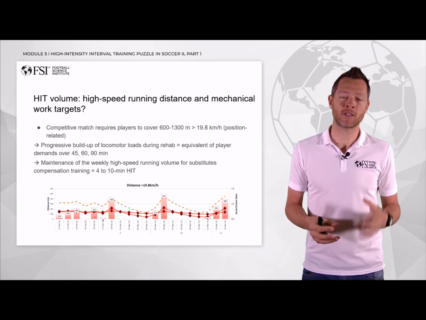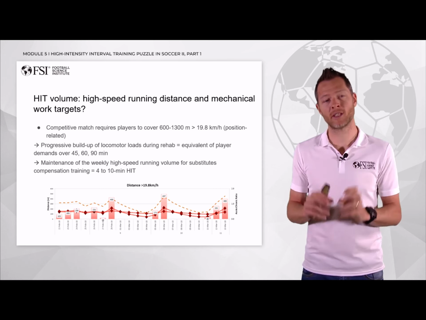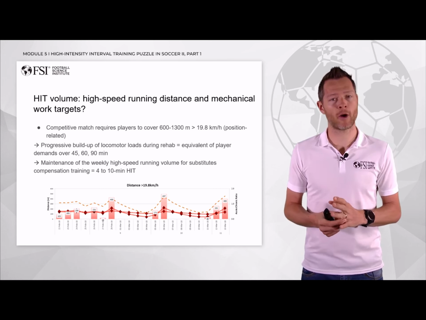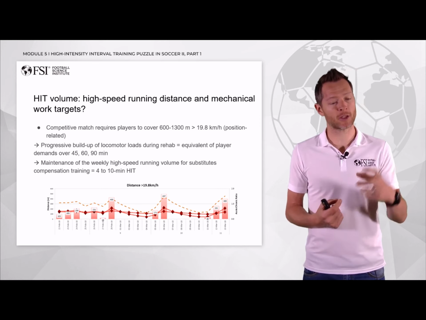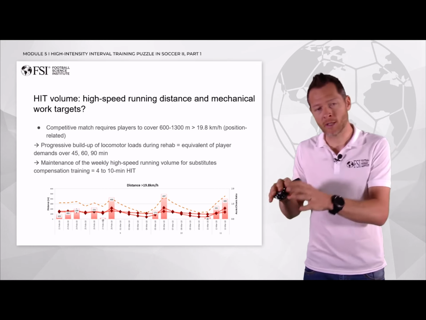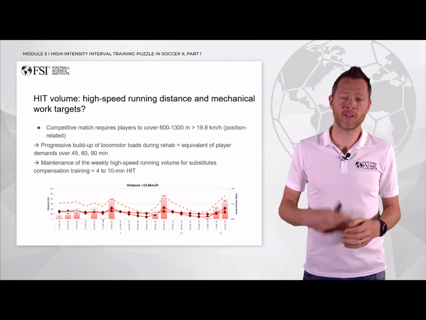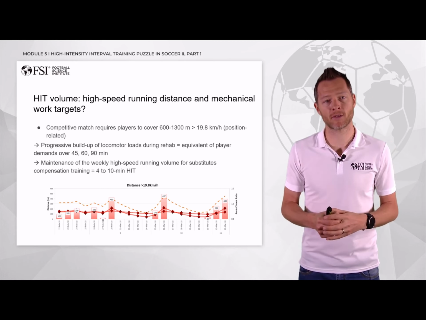And it's been pretty interesting to realize that getting the dose, the equivalent of a game, doesn't require much time, which is good for us as well, because that means that within short top-ups, often at the end of a session or during an individualized sequence, we can easily top up the players to match those game demands.